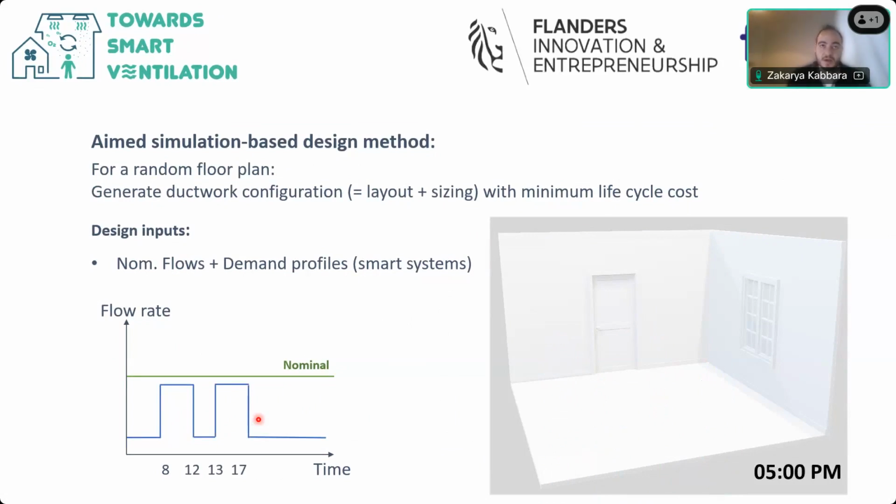And that's pretty much, in a very simplified way, how the demand profile works for one room, and we will apply this for every single ventilation zone in the building.